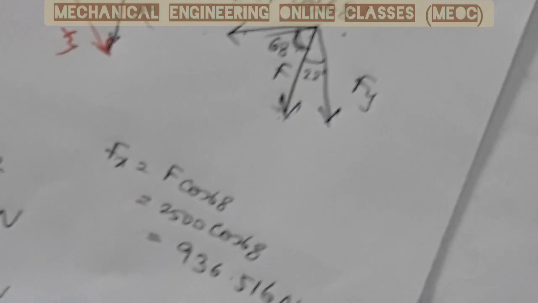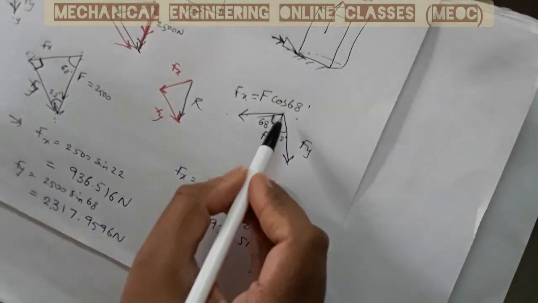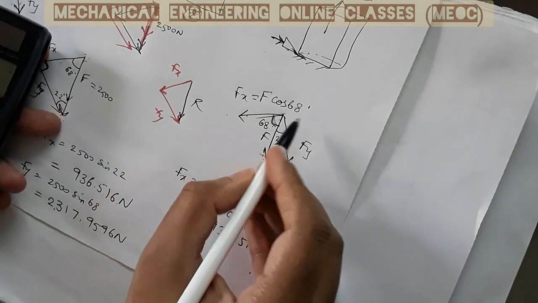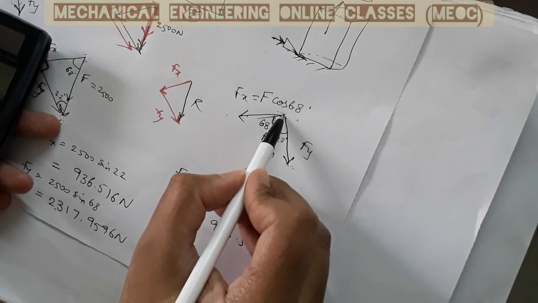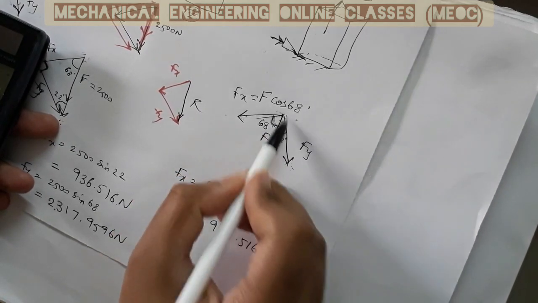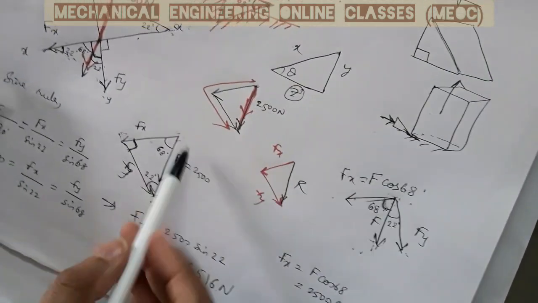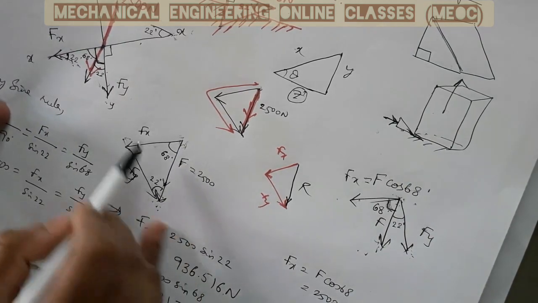So similarly, what is Fy? Fy is, again, an adjacent component to F because you know the angle between F and Fy. This is the hypotenuse, this is the adjacent. Why is this the hypotenuse? Because the resultant line length is always greater compared to the others, right?